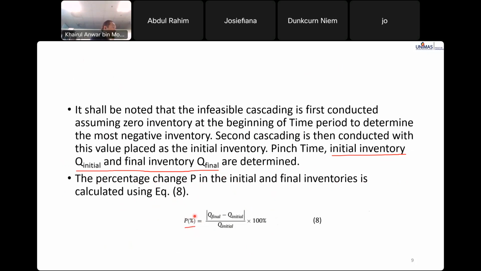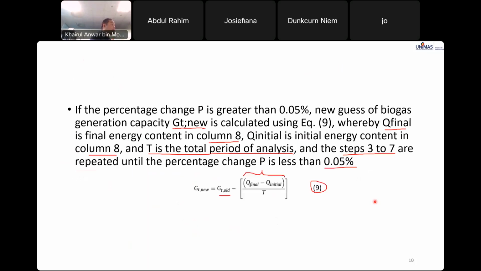So P% equals Q final minus Q initial. When you get Q, refer to table 5. Q initial is on the first row. Q final is the last row. Refer to the last column. So Q final minus Q initial over Q initial times 100.